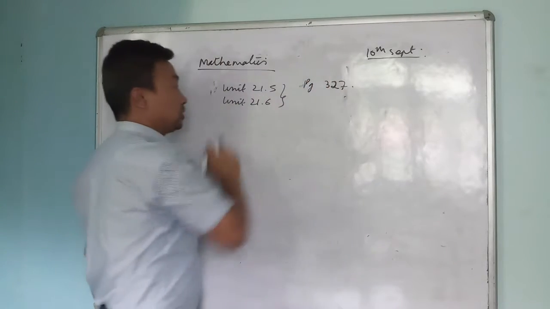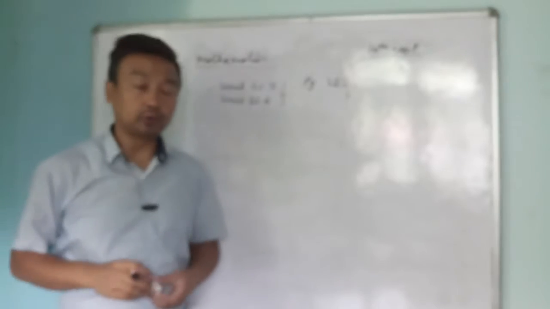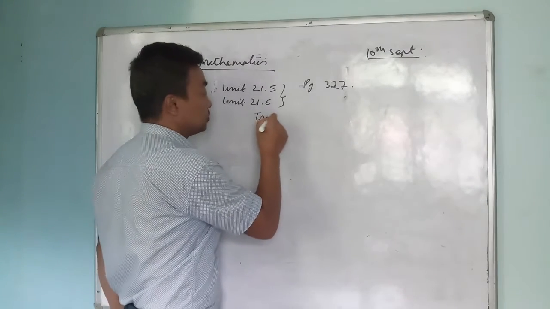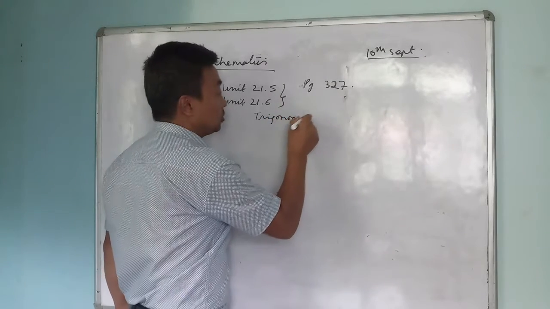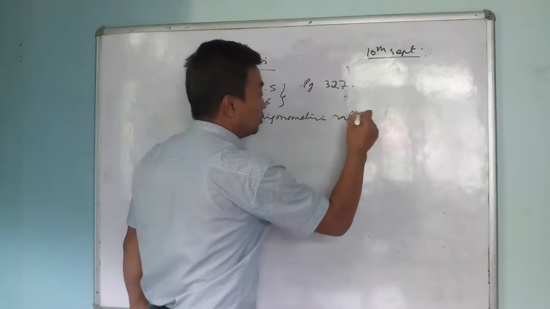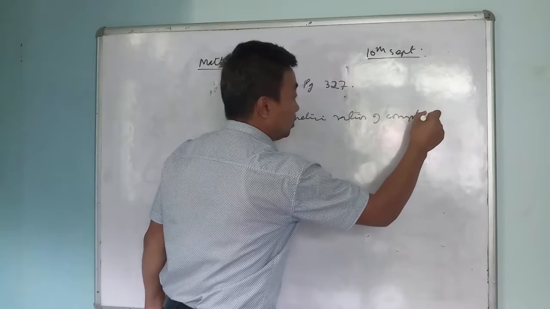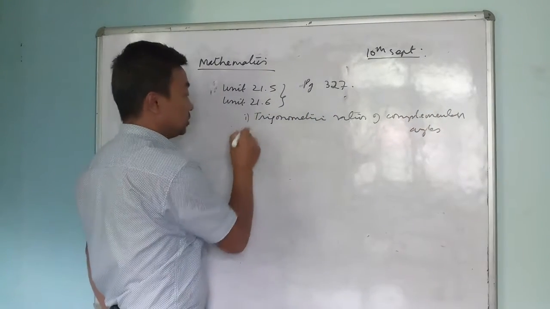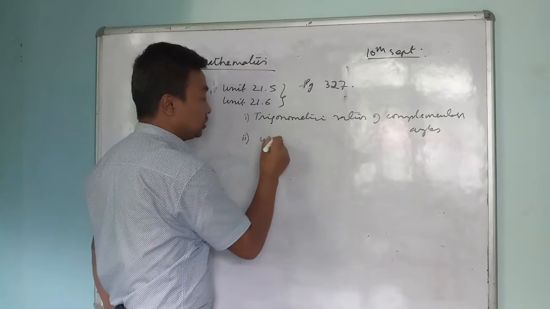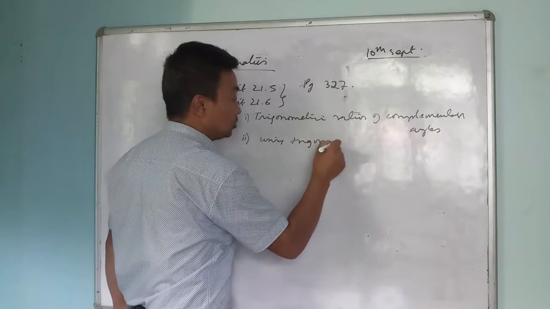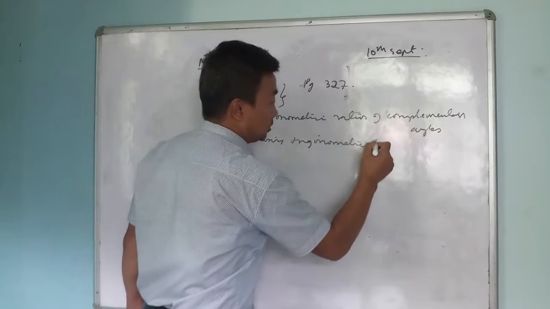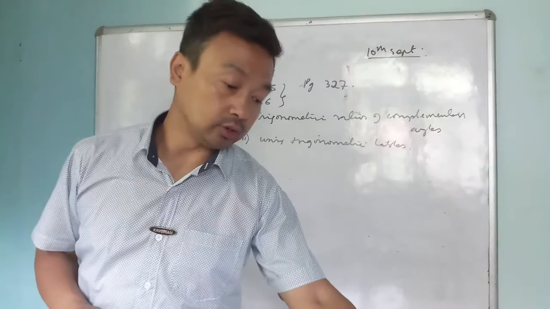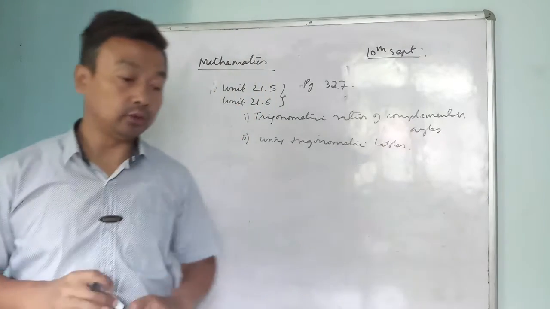These two topics: in unit 21.5 you have trigonometric ratios of complementary angles, and the second one is using trigonometric tables. So these two units or exercises are 21C and 21D.